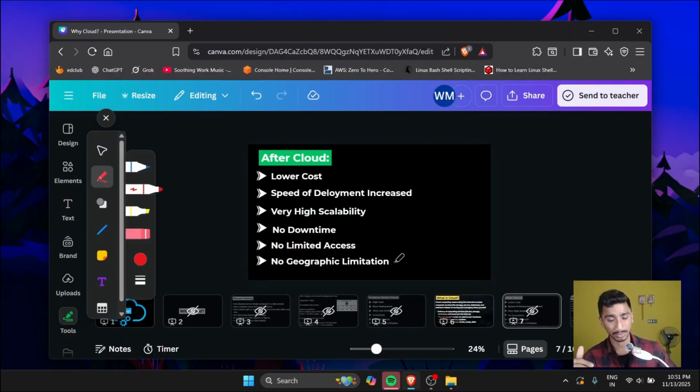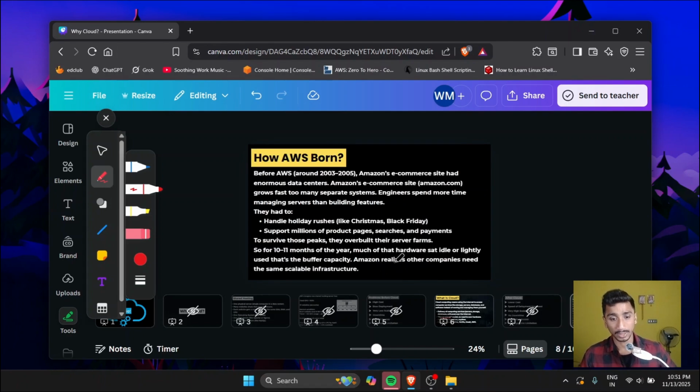So that is how AWS was born, and it's very interesting. Before AWS, the Amazon e-commerce site had enormous data centers. Amazon.com grew fast. Too many separate system engineers spent more time managing servers than building features.